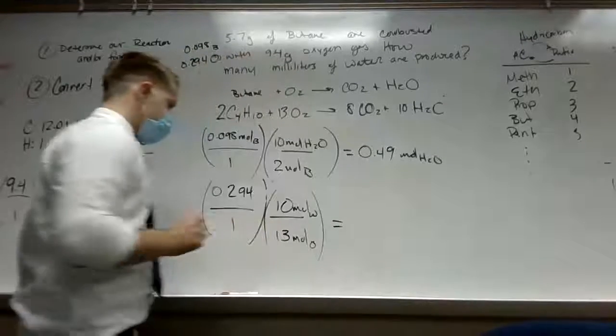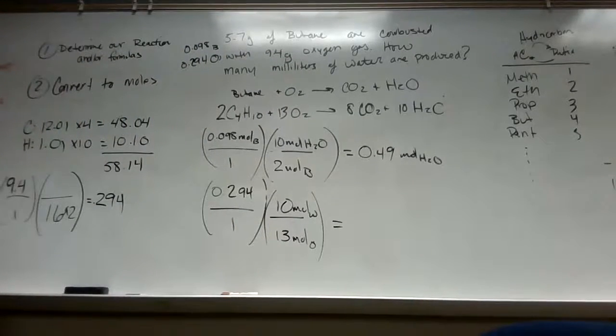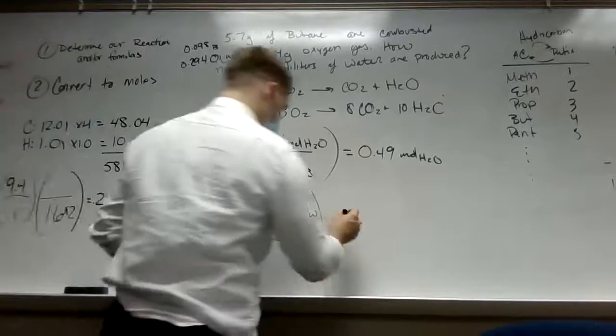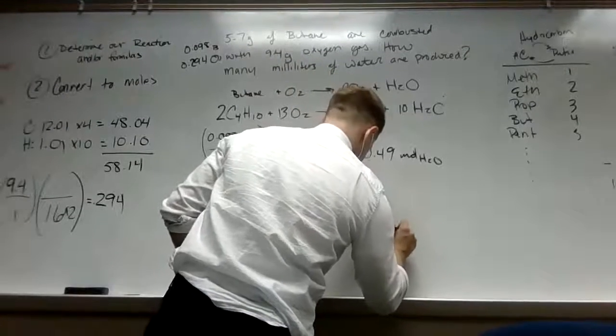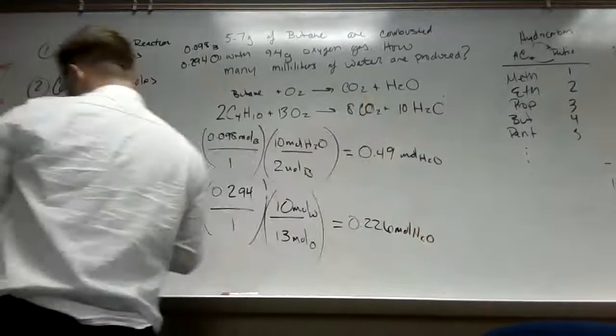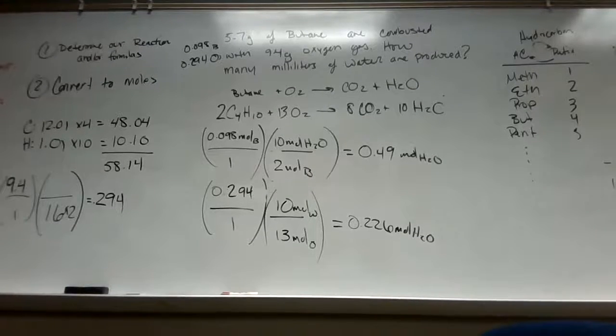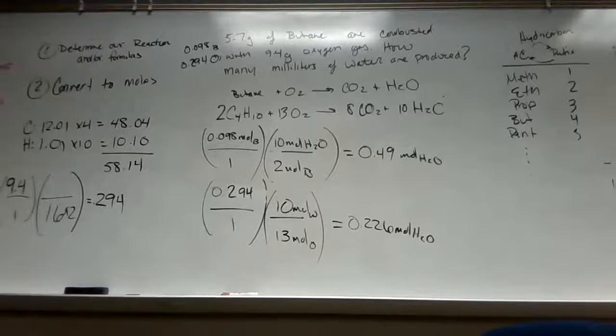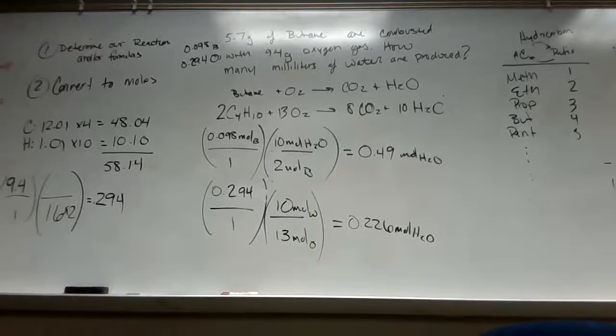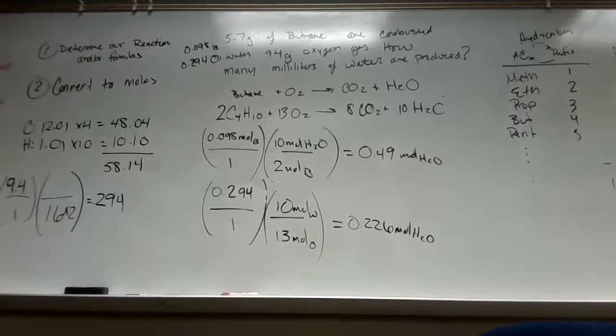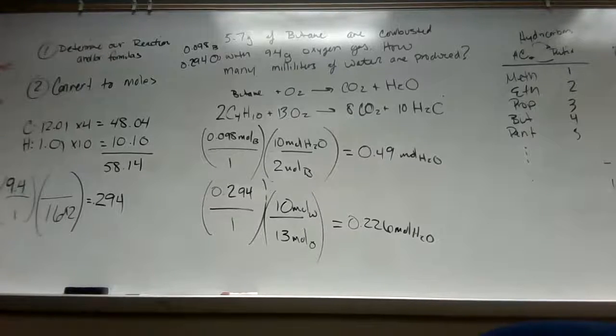And what do we get? 0.226. What this means is if we reacted all of our oxygen, we would produce 0.226 moles of water. Whereas if we reacted all of our butane, we would produce 0.49 moles of water.